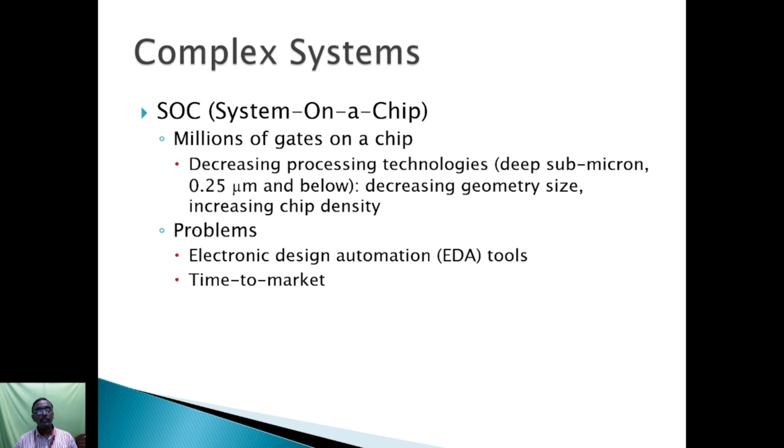So in a chip, millions of gates are produced and the chip density increases. The problems are the electronic design automation tools, and another one is time to market. These two are the main problems in a digital camera.